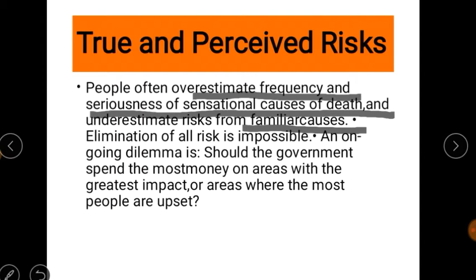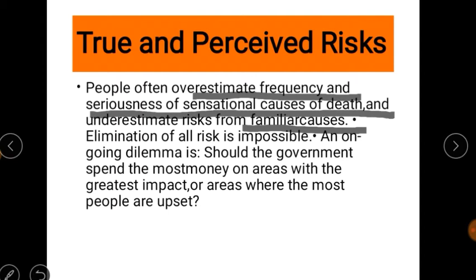We cannot eliminate all the risk, but we can reduce the risk level, because we have a lot of problems in society, a lot of problems with respect to jobs. Because of jobs, we cannot stop all the industries, because if we stop the industry, unemployment will result.